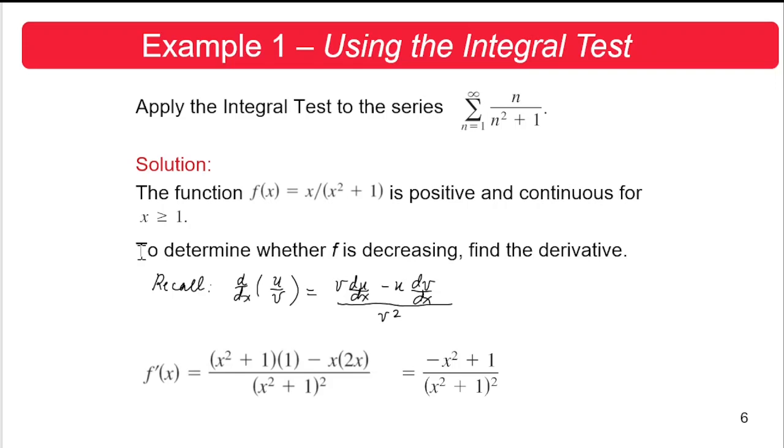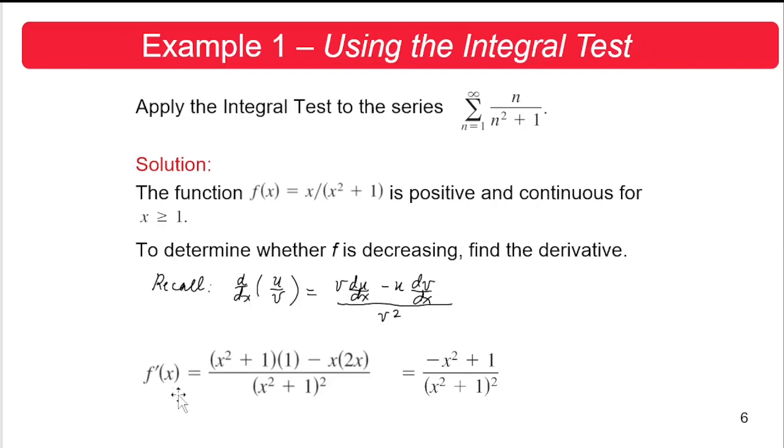Next we need to check whether the function is decreasing. To check whether f is decreasing, we need to find the derivative of the function. Because the function is a rational function, we can use the quotient rule. Recall that the derivative of u over v is v times the derivative of u with respect to x, minus u times the derivative of v with respect to x, all over v squared.